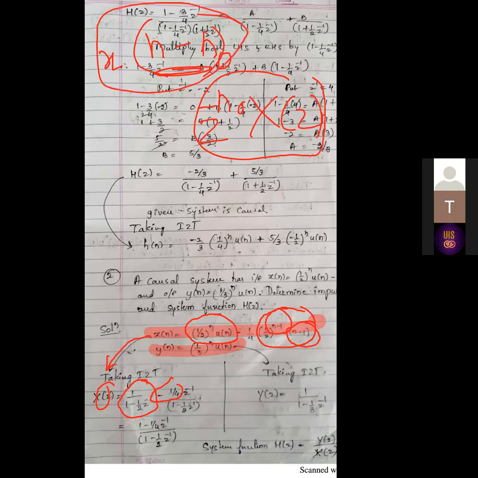Now we have this kind of question. Your input sequence has a shift of minus 1. So what should your Z transform have? Z raised to that amount of shift. That's why, if you observe, the numerator has that shift, z raised to minus 1, because the shift is n minus 1.